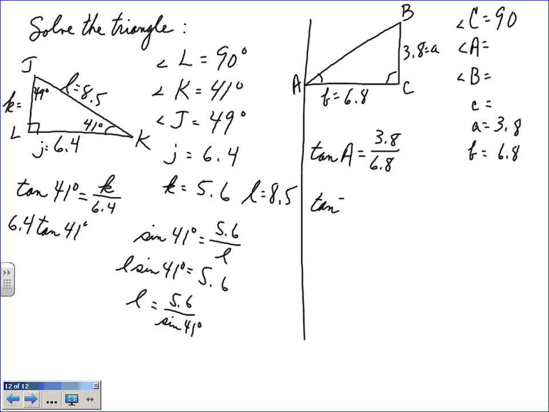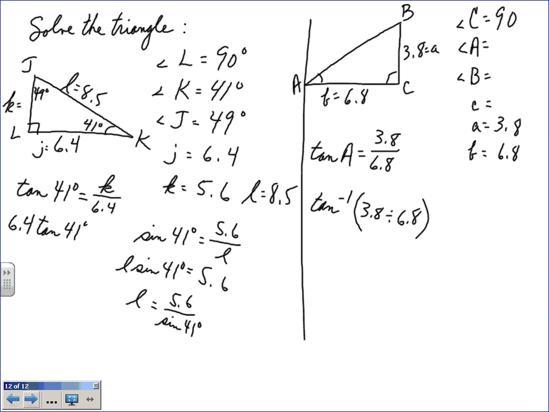So second tangent will give you tangent -1. You have to open up a parenthesis, and then you put that ratio in there, 3.8 divided by 6.8. This is why you have to make sure your calculator is in degrees.